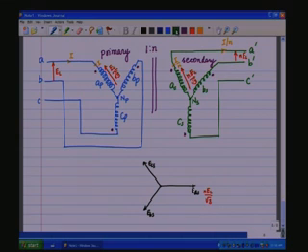Then the terminal line voltages are going to lead by 30 degrees, and this is n EL. This is also going to be n EL, and this n EL, leading by 30 degrees, the star.